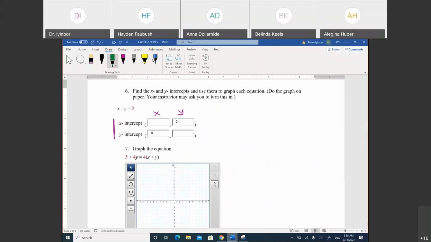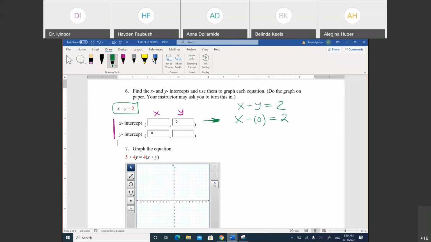So if I want to find the x-intercept, I'm going to follow my equation. They give me the equation of the line. And in that equation, I'm going to replace y with 0 to find the x-intercept. So for x-intercept, I'm following the equation x minus y equals 2, and I'm going to replace y with 0.